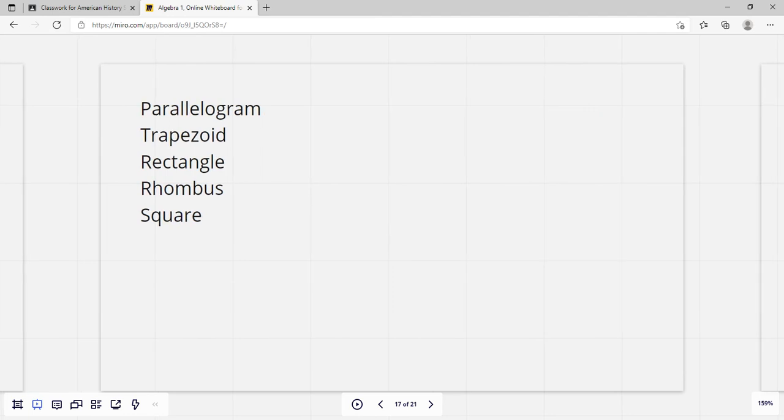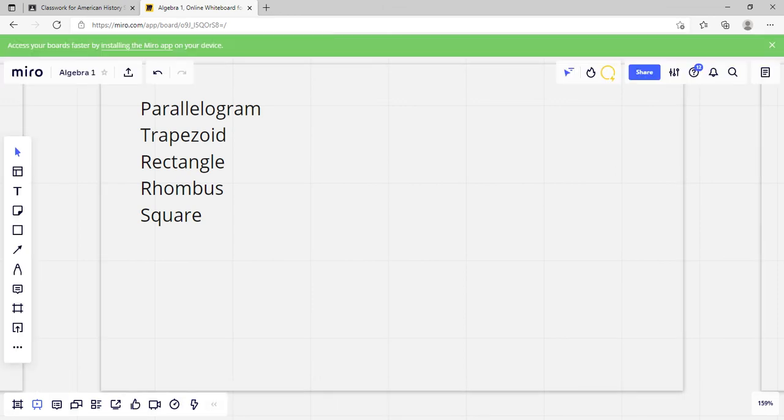All right, some different types of quadrilaterals. So remember, a quadrilateral has 4 sides. So these are going to be shapes with 4 sides. And these are different types of them. All right, so a parallelogram has 2 pairs of parallel sides. So here's the side, and here's the side.